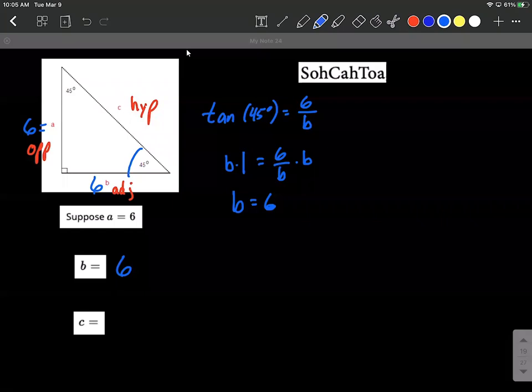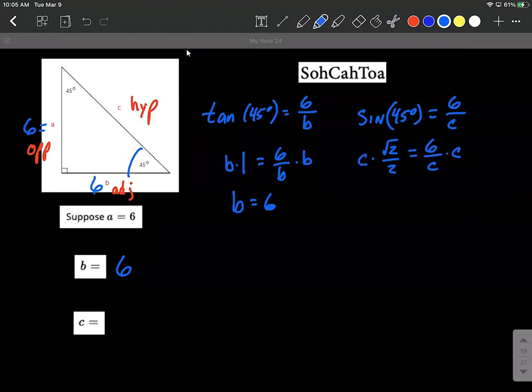And if we did that, we would say sine. I'm just choosing sine. We could easily use cosine as well. We could say sine of 45 degrees is going to be opposite 6 over the hypotenuse C. Sine of 45 degrees works out to be the square root of 2 over 2 equals 6 over C. And then with a little bit of solving, we can get C by itself.